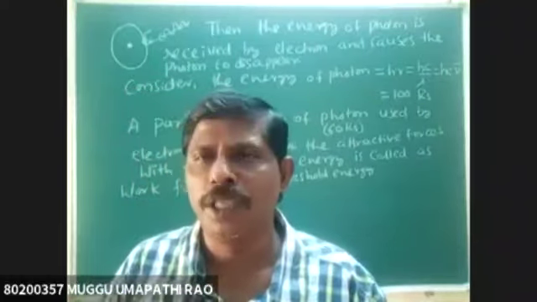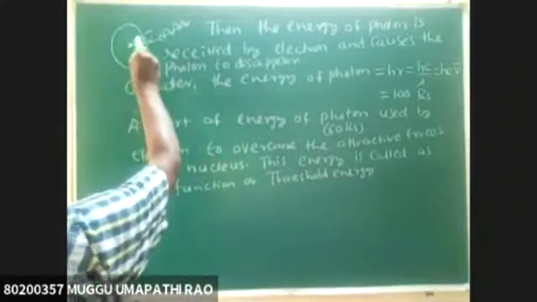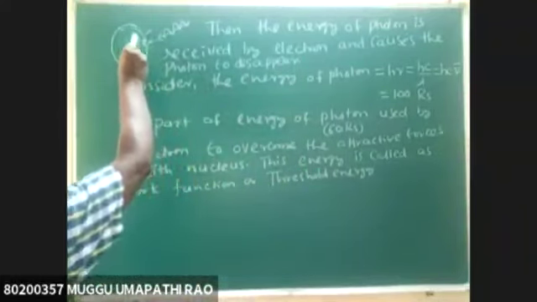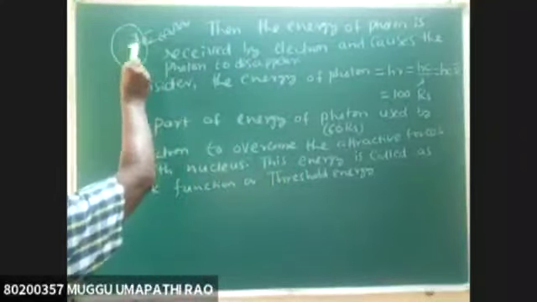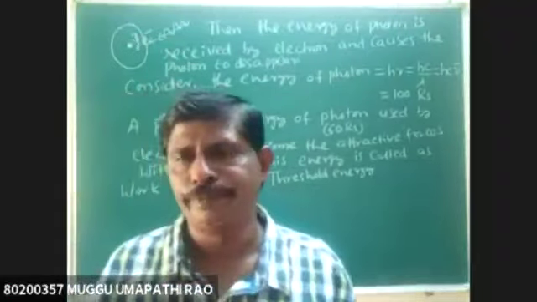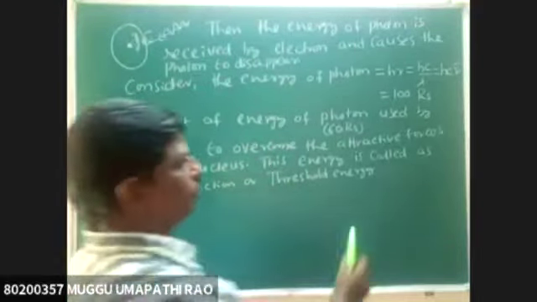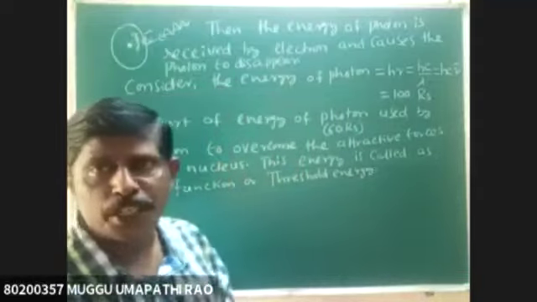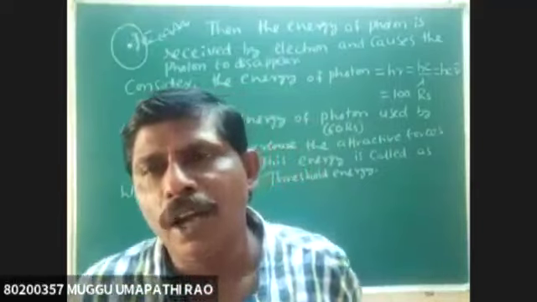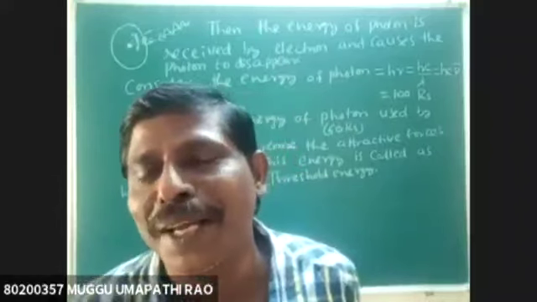Out of 100 rupees, the electron uses 60 rupees to overcome the attractive forces between the nucleus and the electron. The 60 rupees is called work function or threshold energy. Still, how much energy remains at the electron? 40 rupees. The electron will come out with those 40 rupees as kinetic energy.